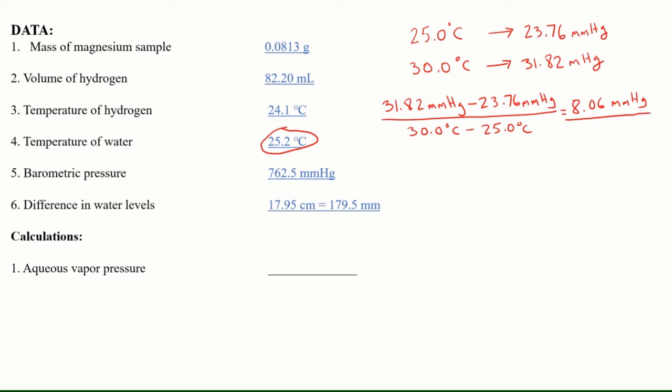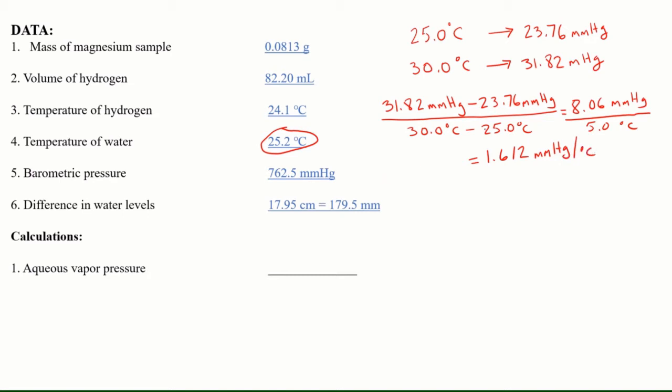The denominator is 5 degrees. We could do it per degree by dividing 8.06 by 5. We get a value of 1.612 millimeters of mercury per degree.